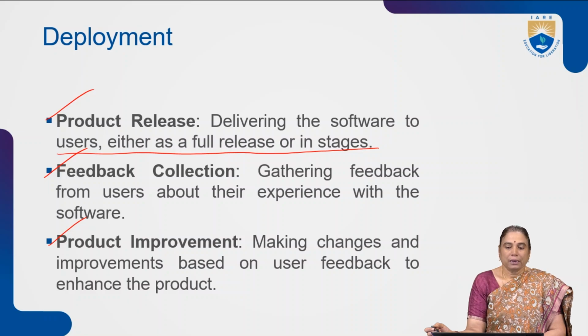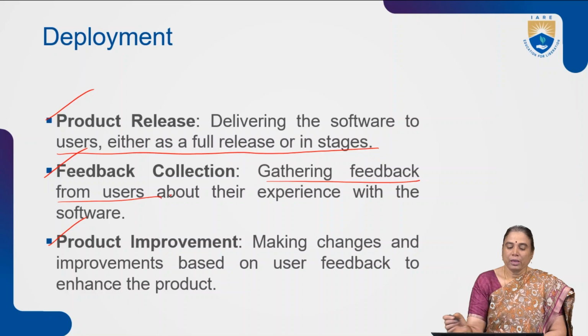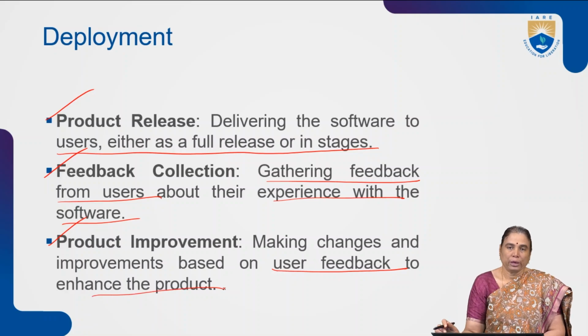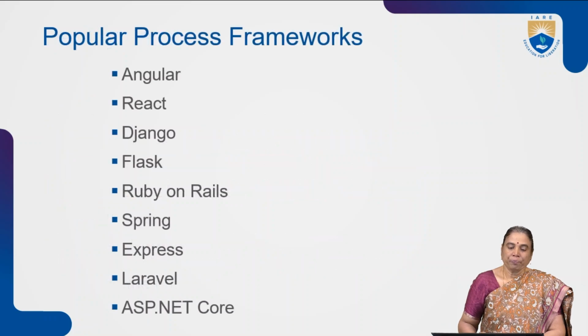Feedback collection involves gathering feedback from the users about their experience with the software. The product improvement, making changes and improvements based on user feedback to enhance the product. So these are the 5 framework activities in the process framework.